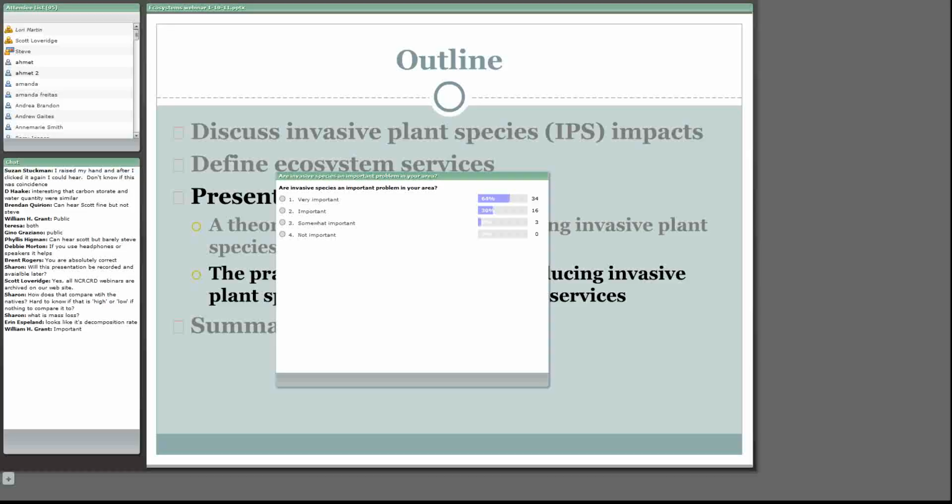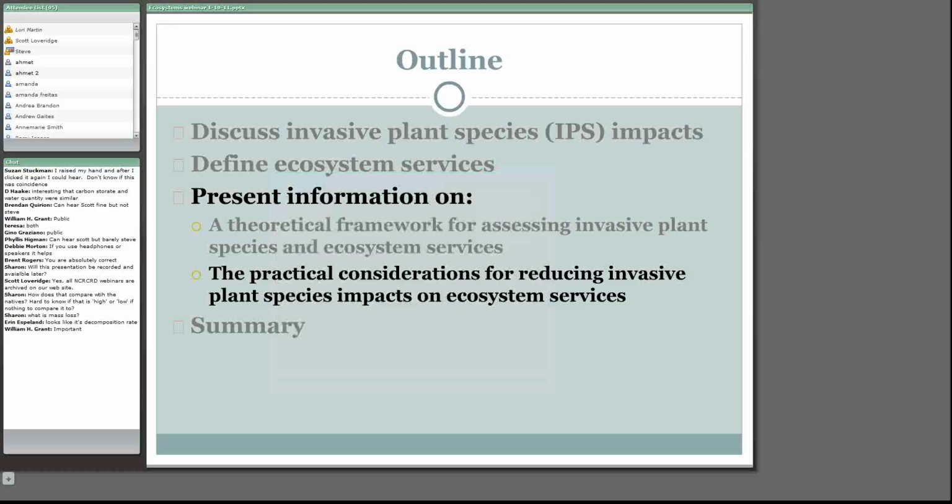Can we do the next question too while we're at it? How much do invasive species hurt your local economy? Because you've got invasive plants, what are the impacts on the local economy, the local situation that you deal with?